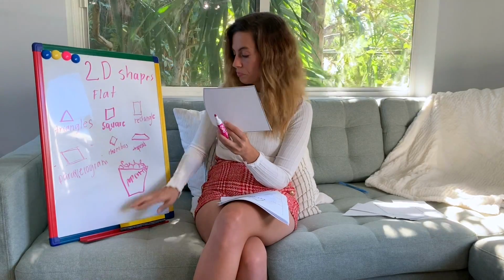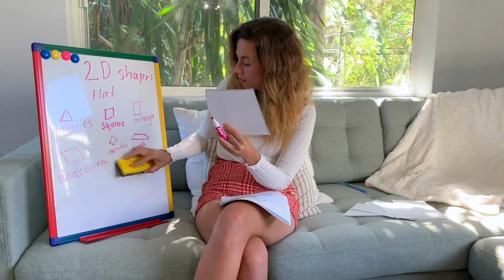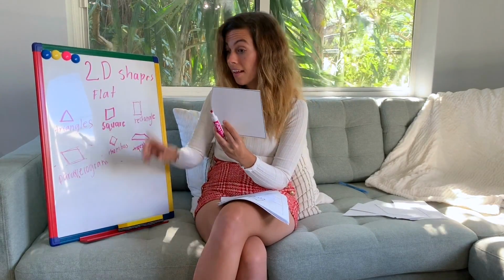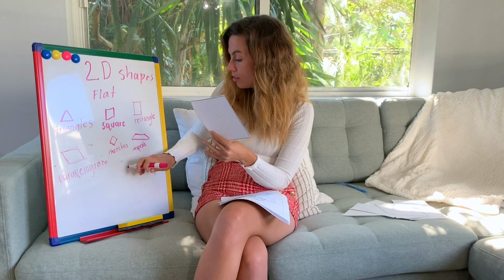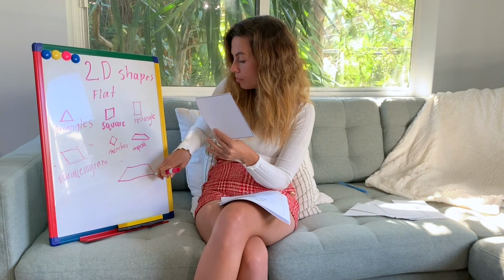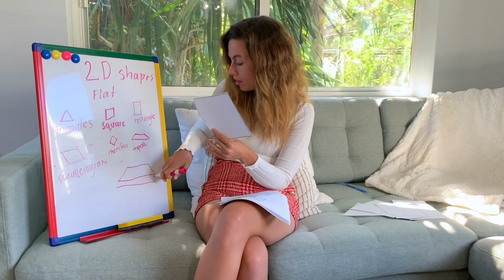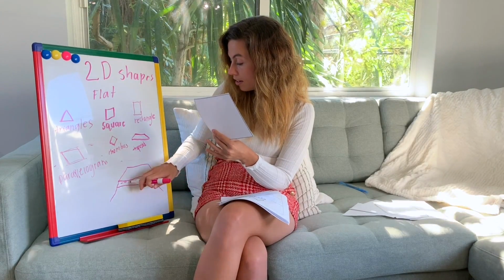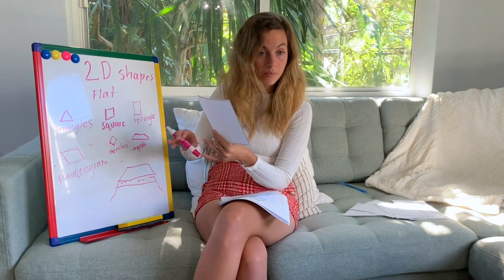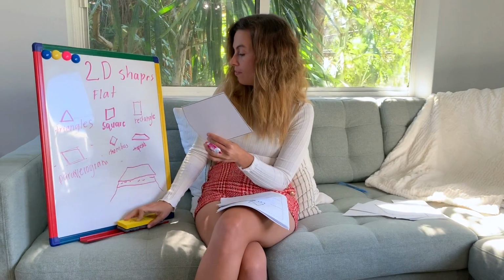Go ahead. Okay, so bridges. Sometimes a bridge might be in the shape of a trapezoid. So here's your road, and then it goes over water. So there might be a trapezoid shape on a bridge. Very good.